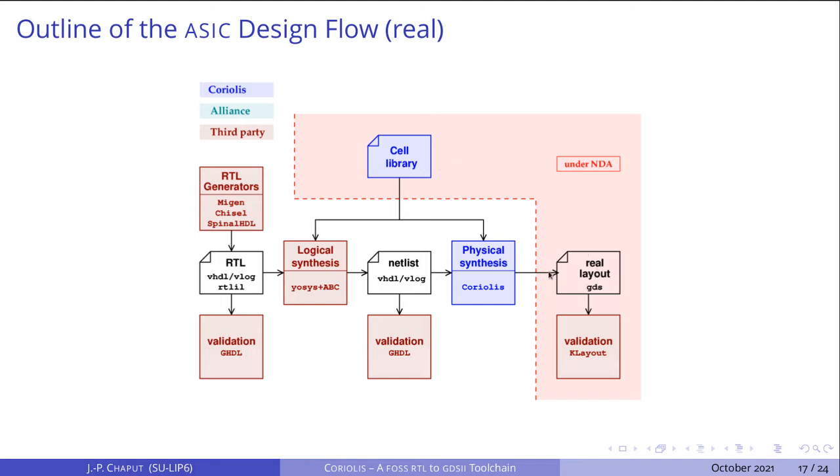The same goes for the generated layout, which is GDS, and which is covered by the NDA, so it cannot be published. And as there is no real-world, or at least real layer, verification tool, we cannot verify it with free tools, but you still have the possibility to check it with commercial tools, of course.